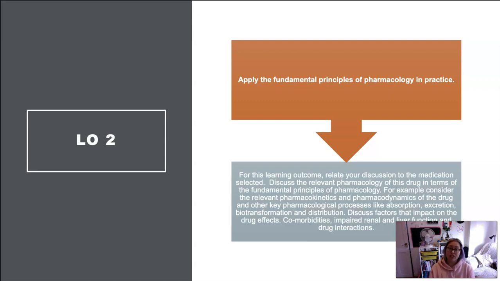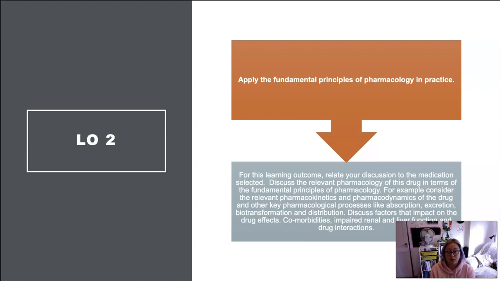But this is going to be a general overview with no specific medication in mind. But what you have to do is to be able to relate all the discussion around pharmacology, pharmacokinetics, pharmacodynamics to your chosen medication.